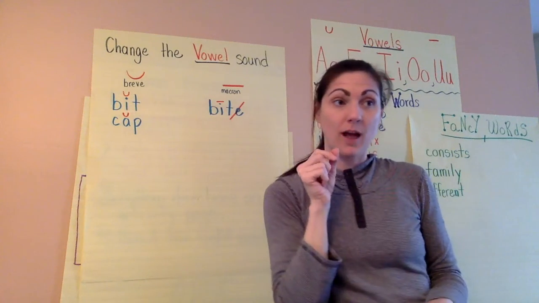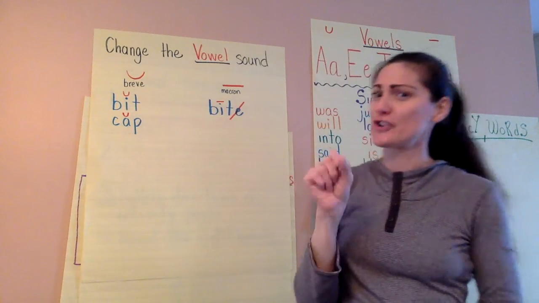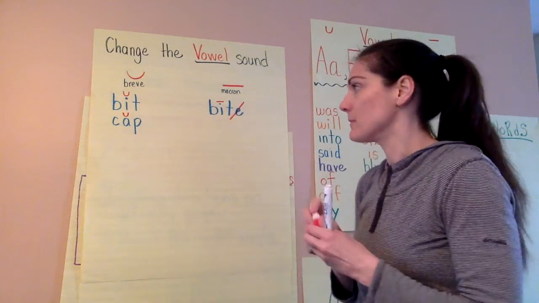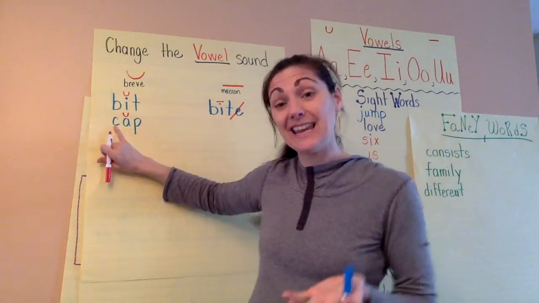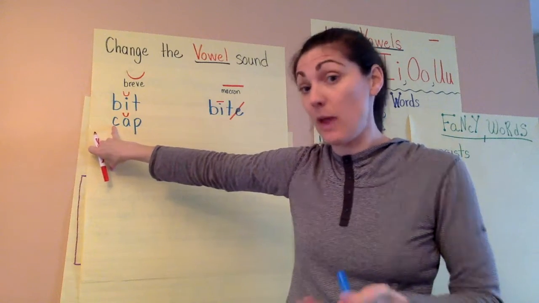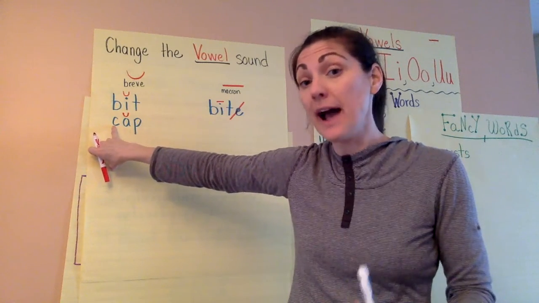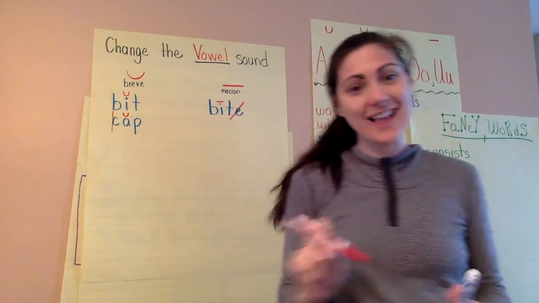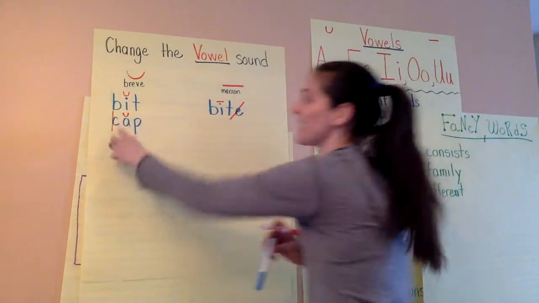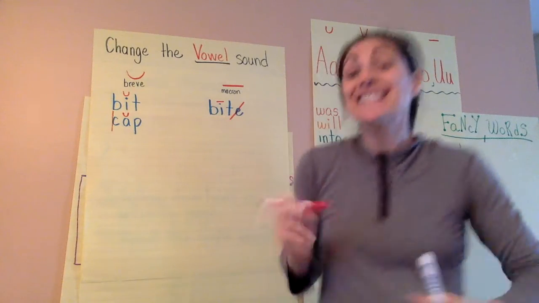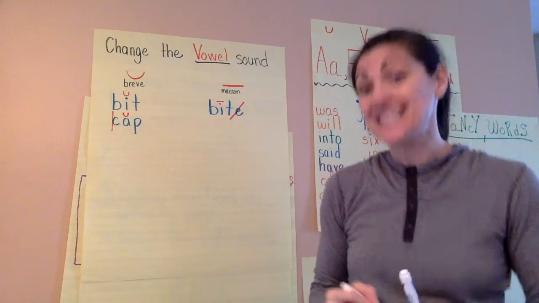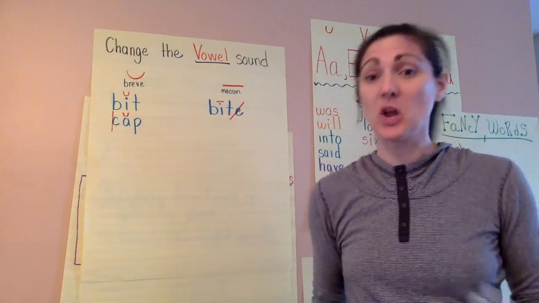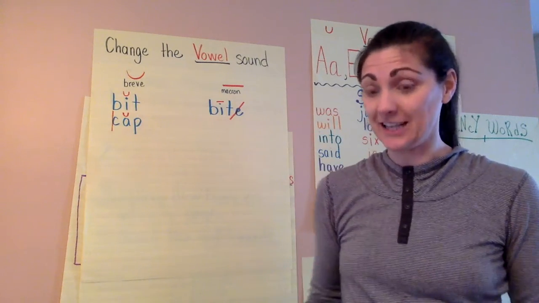And I know this is more of a 1st or 2nd grade skill, but I've been showing my kindergarten kids that when the C makes that K sound, the way we would code that is something called a K back. So you would put a line here to kind of make it look like a K, and it reminds you that that C is making a K sound. Because C can also say S sometimes. And when C says S, we code it with something called a cedilla.